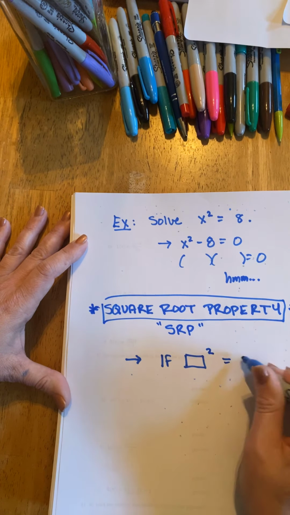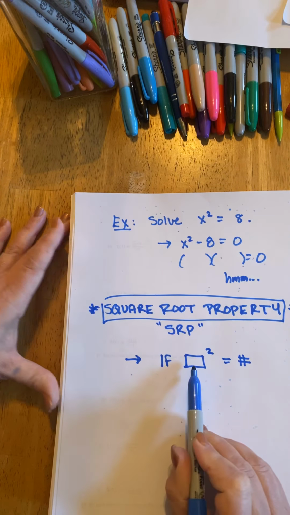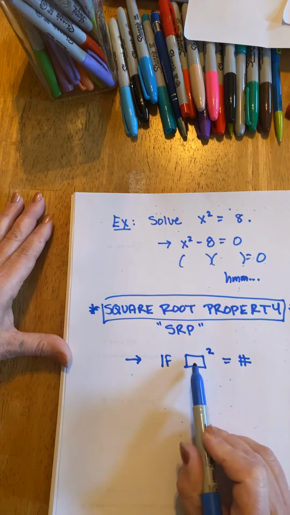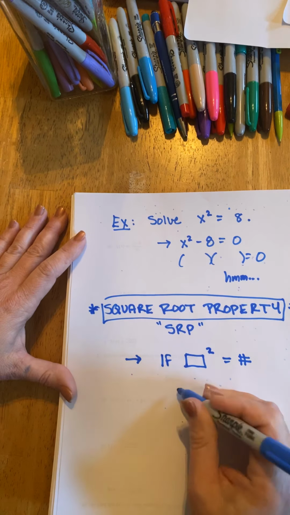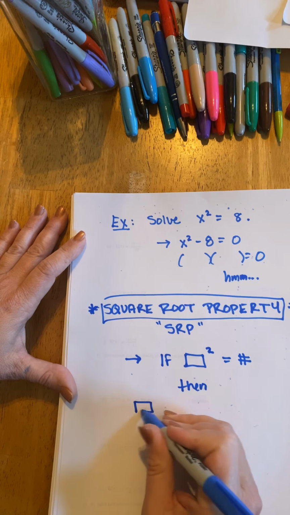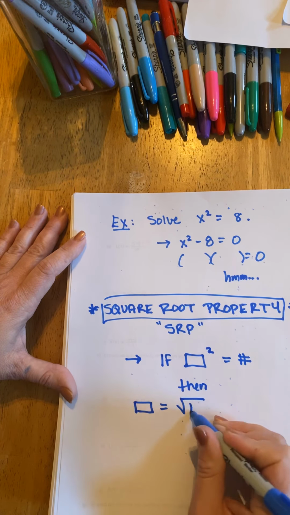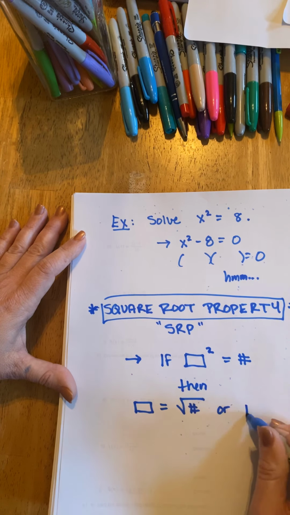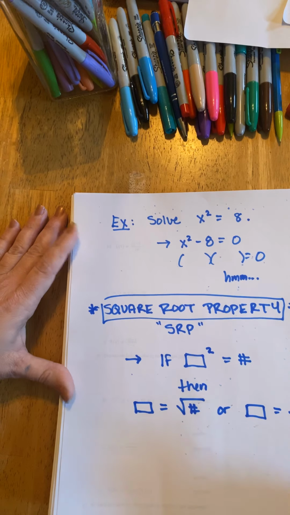Something squared equals a number. Now, typically what's going to be inside this box is the variables somehow. Then something squared equals a number, then that something equals the square root of the number, or that something equals the opposite of the square root of the number.